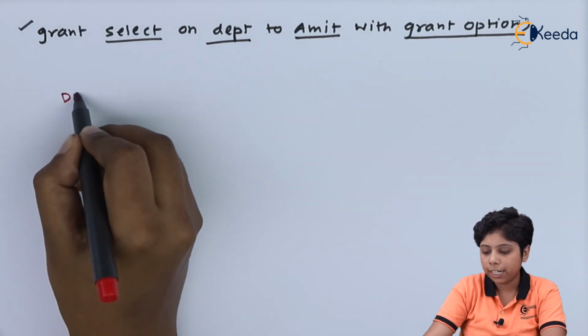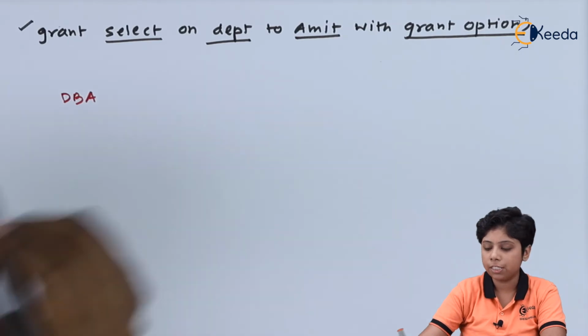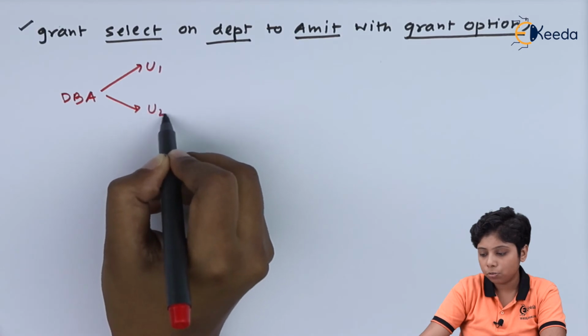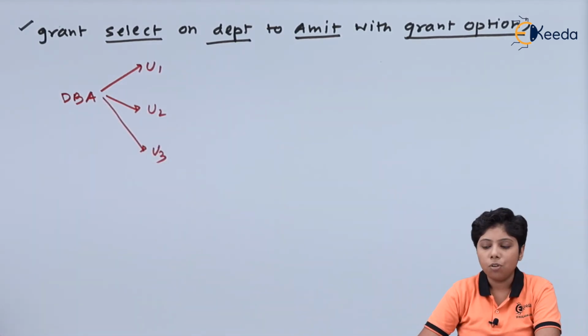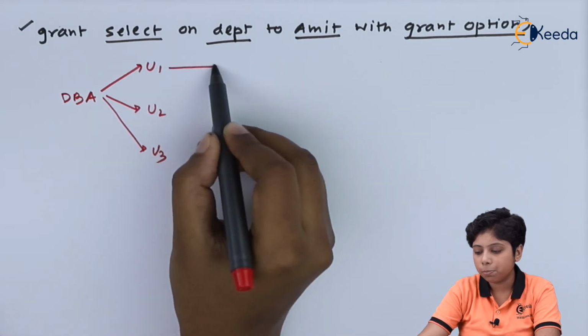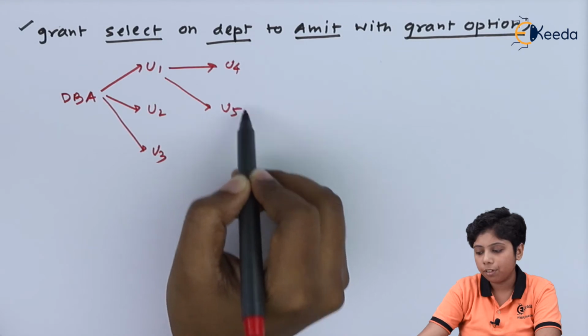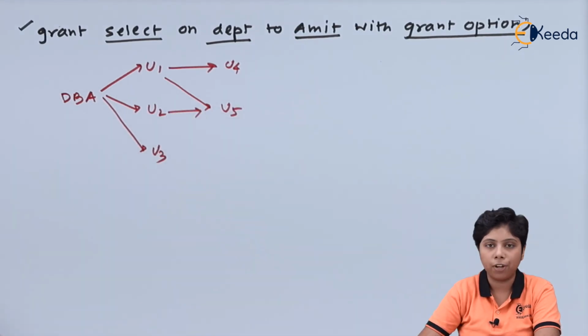We will see an example of what problems could arise in the passing of privilege. Say there is a database administrator who has given some privileges to the users U1, U2 and U3. Now U1 has passed his privilege to U4 as well as to U5, and U2 has also passed his privilege to U5.